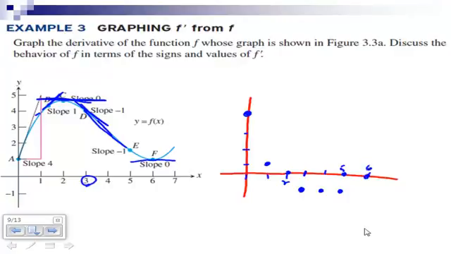And then what happens at 7? That tangent line looks 1-ish? Yeah. Okay, so here we are at 7, and now we're going back up to 1. So we could say that this is the graph of f prime. Here's the graph of f, and here's a graph derived from f.